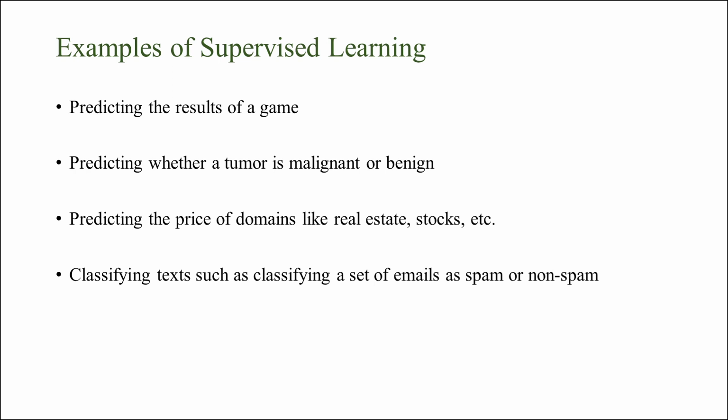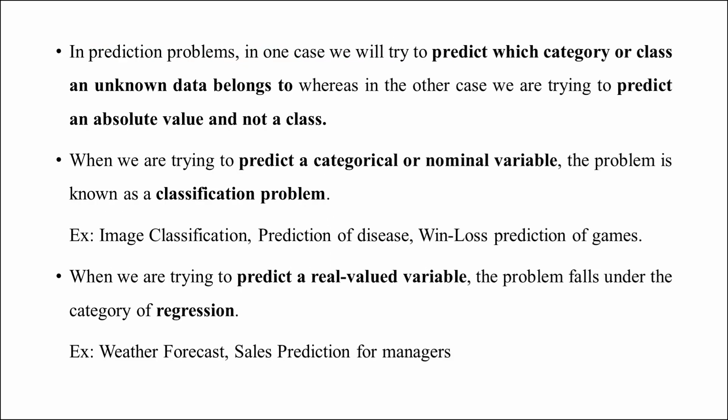These are some examples of supervised learning: predicting the results of a game, predicting whether a tumor is malignant or benign, predicting the price in domains like real estate, stocks, etc., and classifying text, such as classifying a set of emails as spam or non-spam.